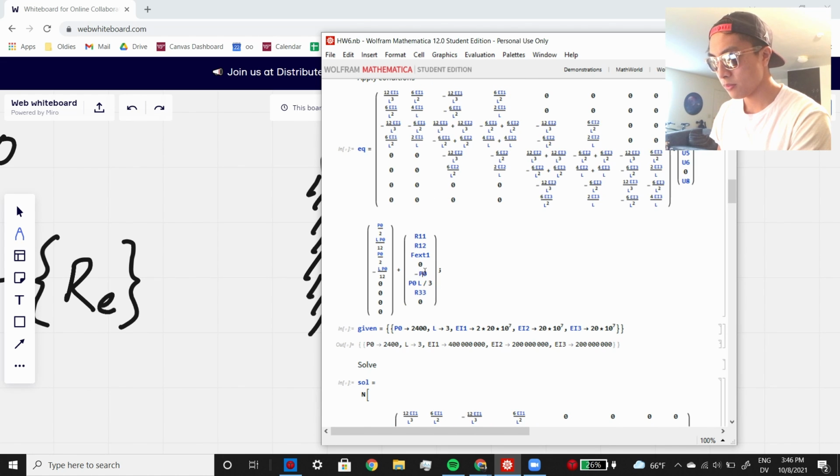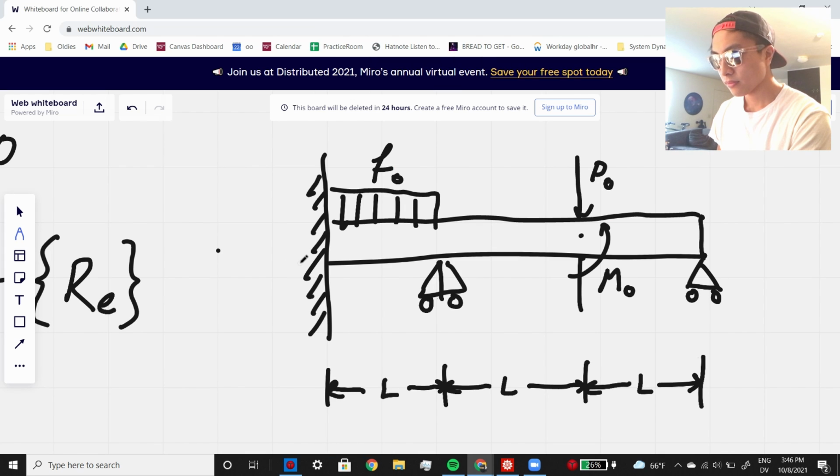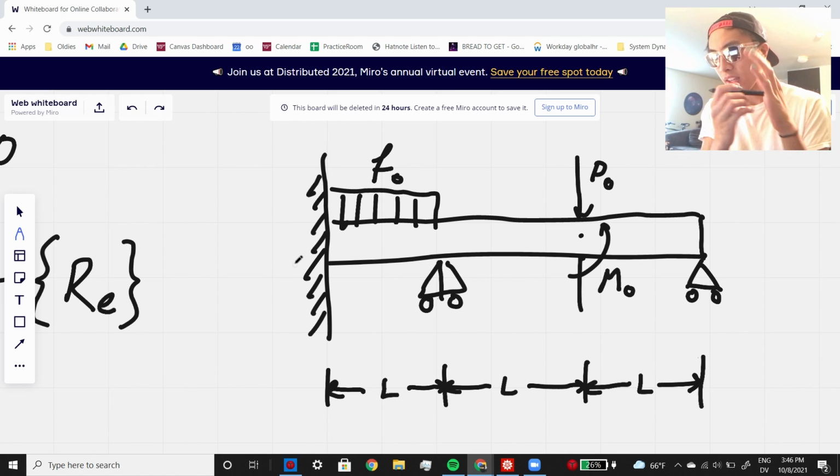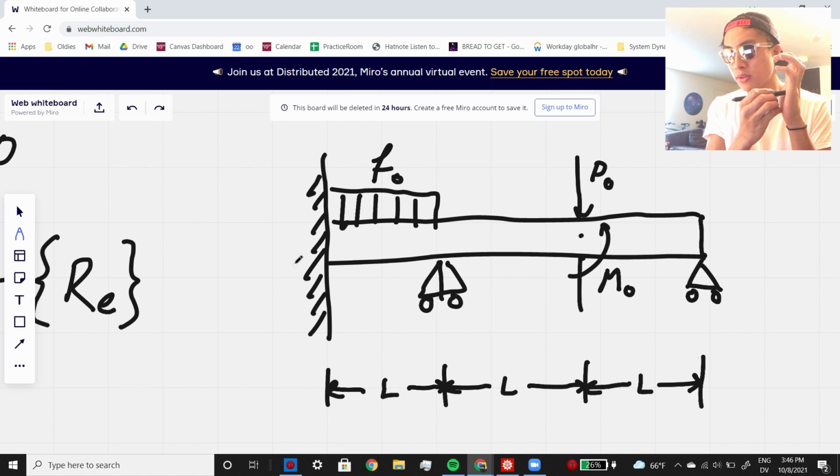Those are the values for the force and the moment. We know that there is a force reaction and a moment reaction at the wall, because if you push something and it's in a rigid wall, then it's going to resist that because the wall makes the beam not want to move.